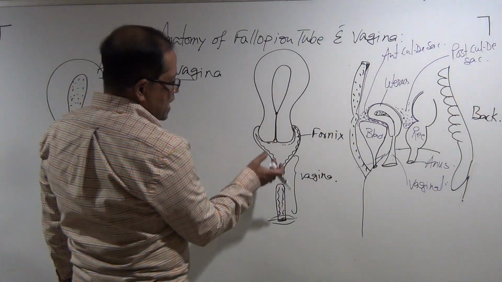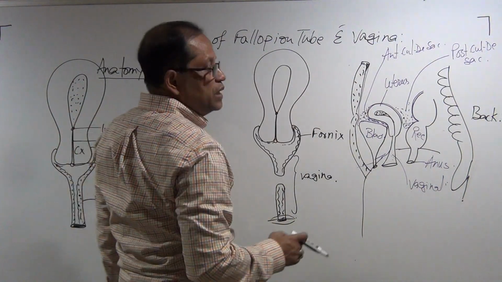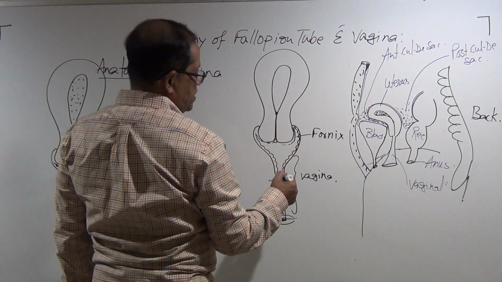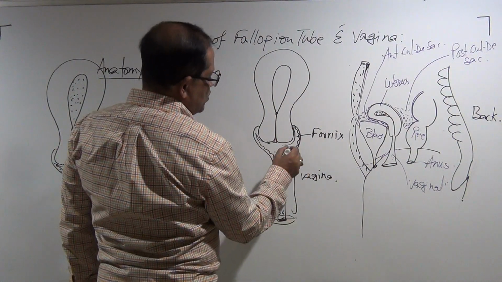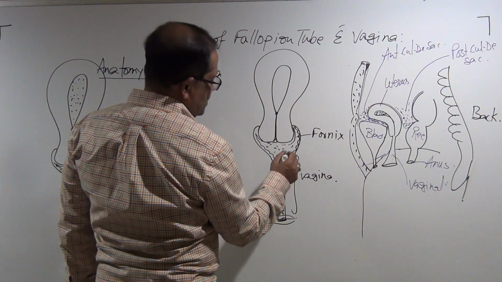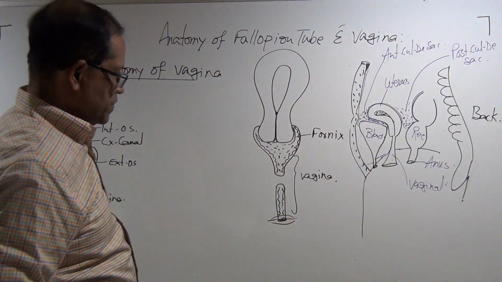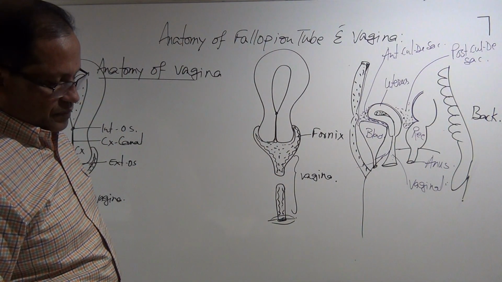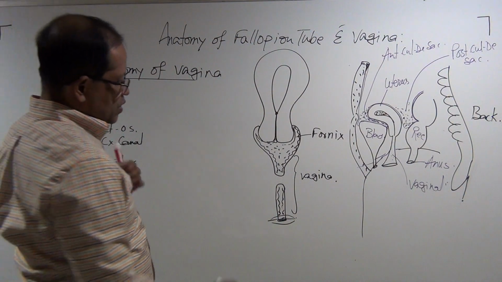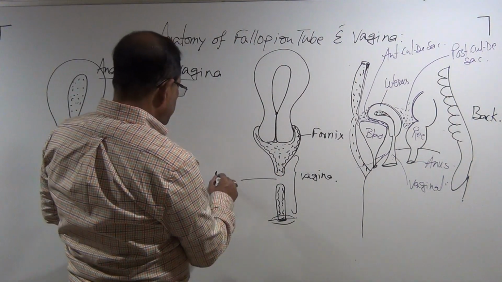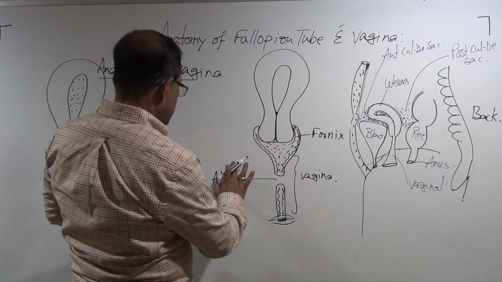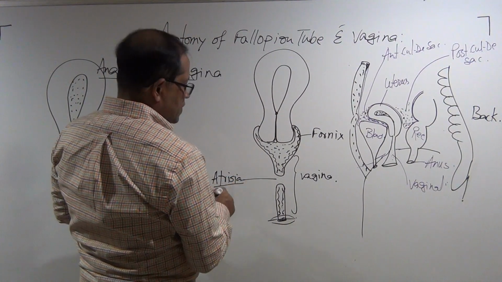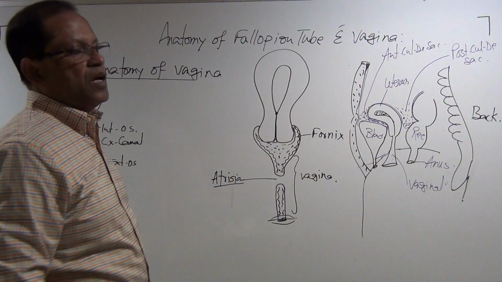As a result, what's going to happen? When this girl will be 12 years, 13 years, they will start having period. What's going to happen? All those blood will be collected over here and it's not going to pass through this part because there is no connection over here. Okay, so this kind of atresia can be seen in any part of the vaginal canal.